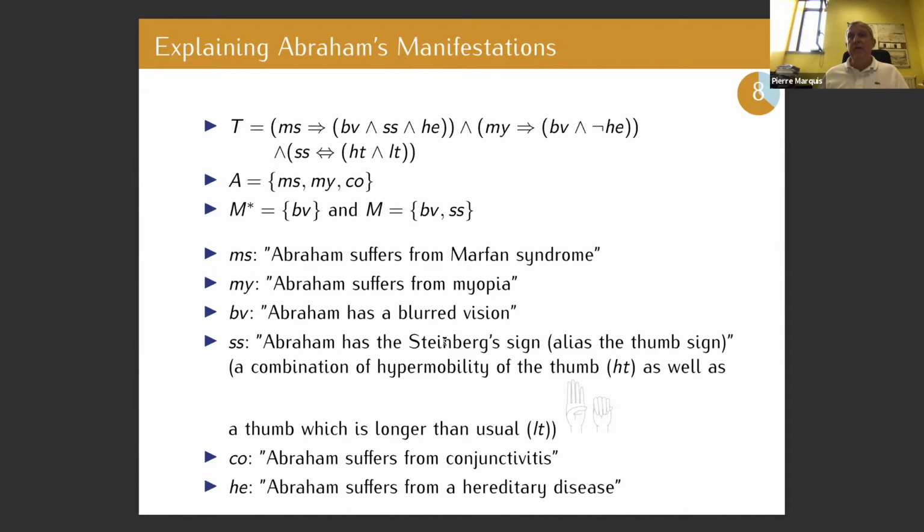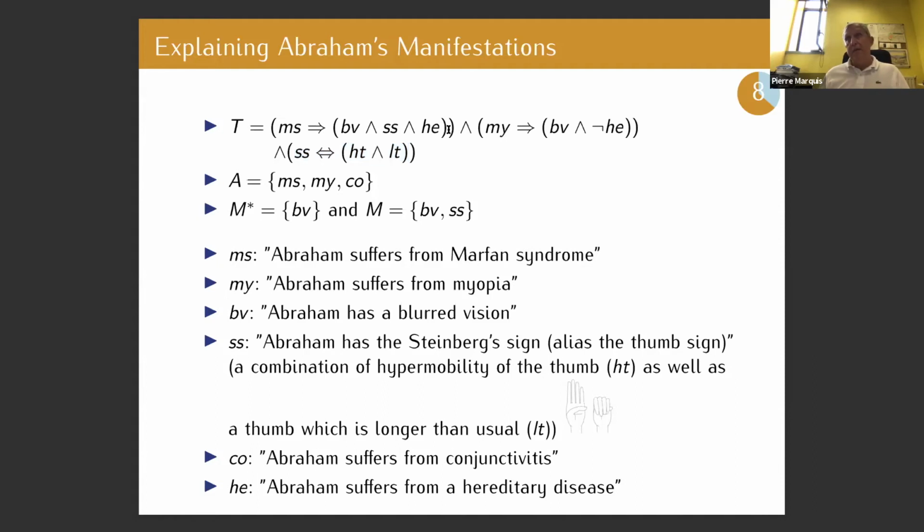Actually, it is the fact that the thumb is both hypermobile and longer than usual, as depicted here on the picture. And this equivalence just explains what the Steinberg sign is, so we have this definition.